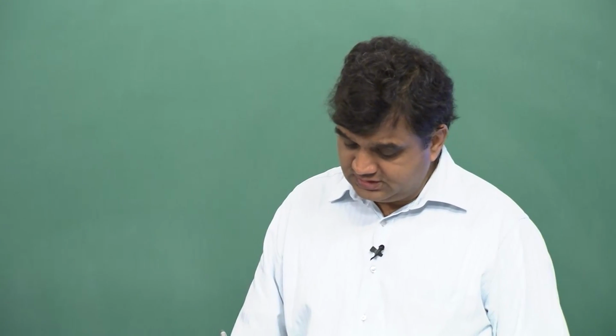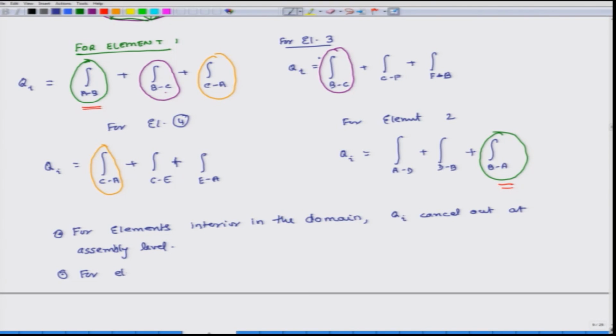But for elements which have an external boundary, Qi does not cancel out on non-shared boundaries.